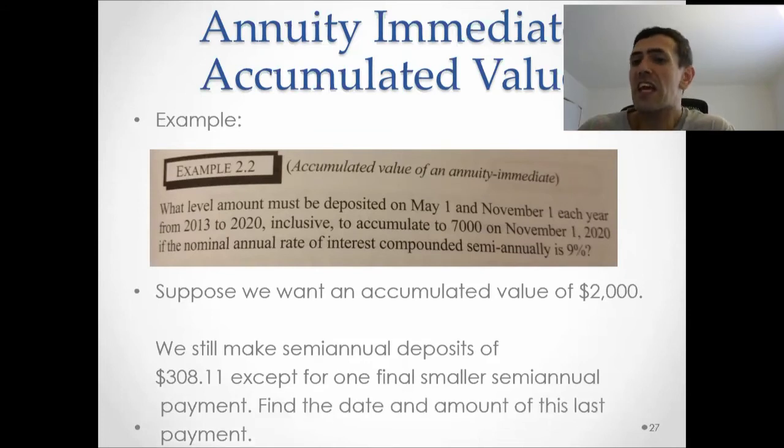Let's find the date of this last payment and the amount of this last payment. All right, so I'll draw a new timeline, probably easier, and then see where we go from here.